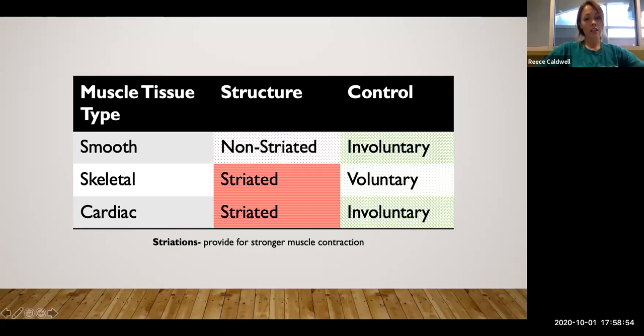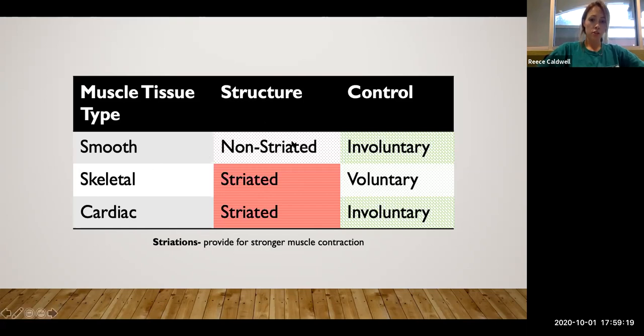First we'll look at the structure. We're looking at these things called striations. Striations are lines on a muscle that provide for stronger muscle contraction. We'll look specifically at what striations are in a couple of slides, but for now, just think of them as features that provide for stronger muscle contraction.